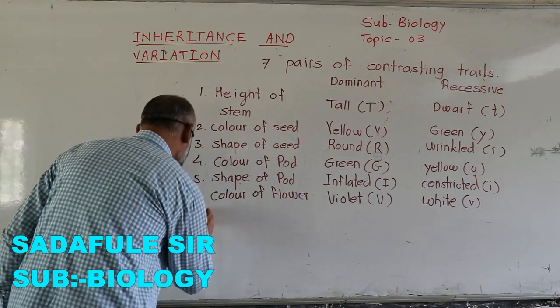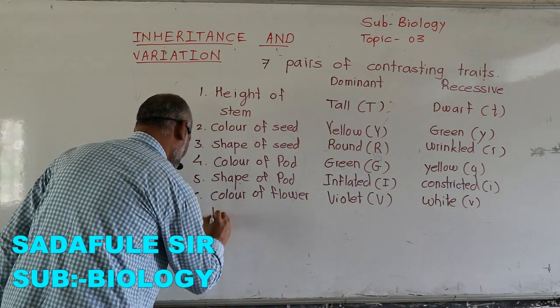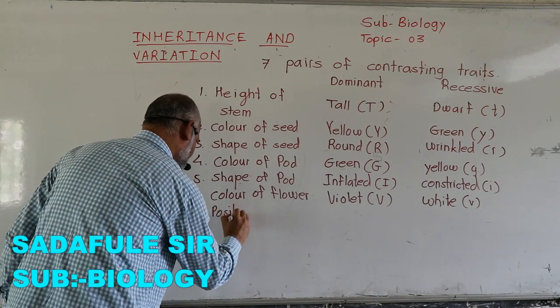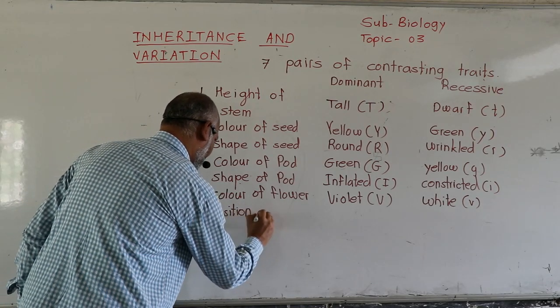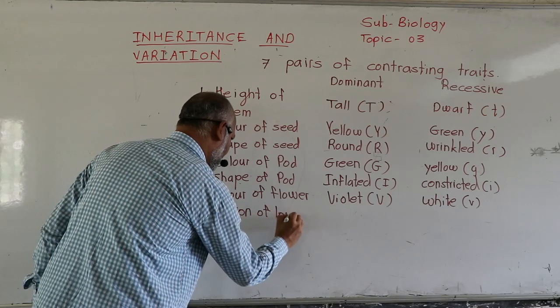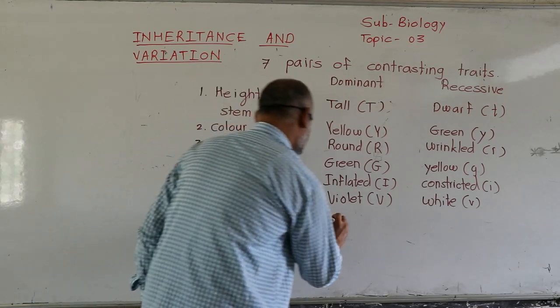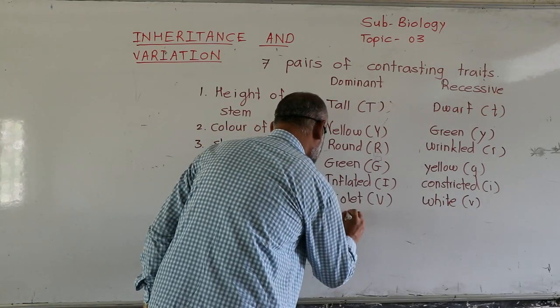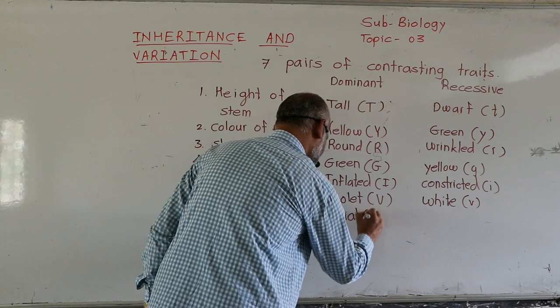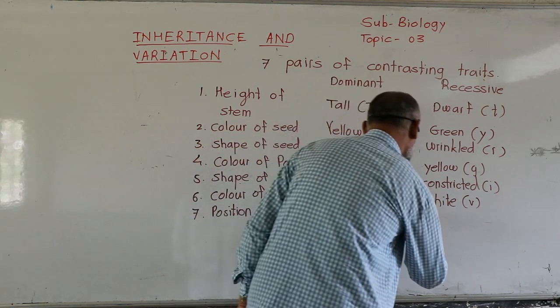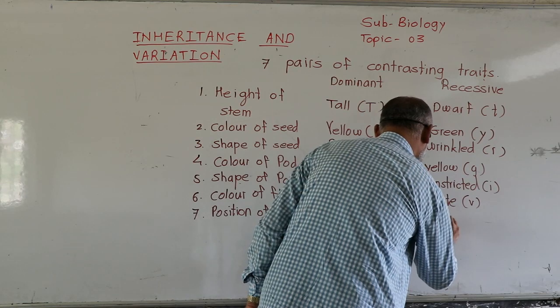And the last one is position of flower: axial flowers and terminal flowers.